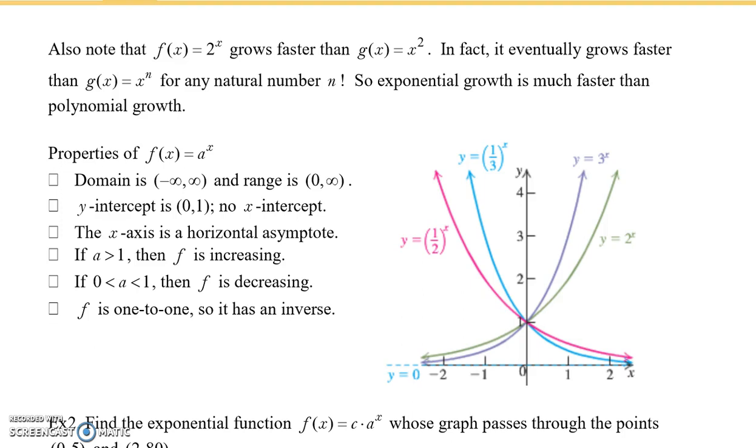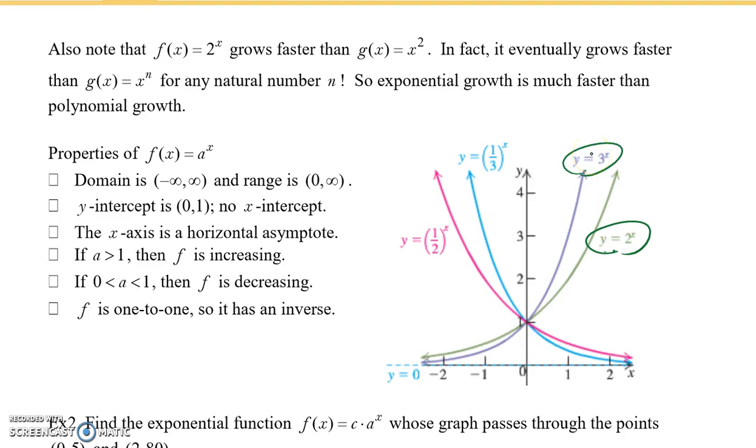The x-axis is a horizontal asymptote. So exponential functions will have a horizontal asymptote in the same fashion that certain rational functions had horizontal asymptotes. If the base a is greater than 1, then the function is increasing. We can see that in the graph shown at the right here, f of x or y equals 2 to the x or 3 to the x.